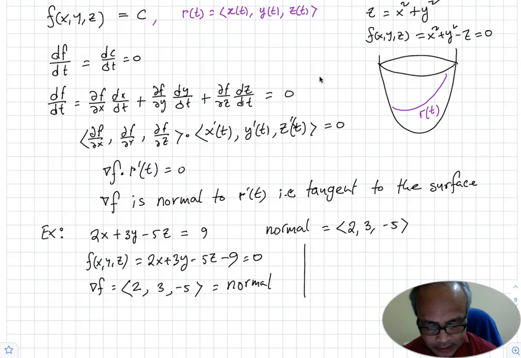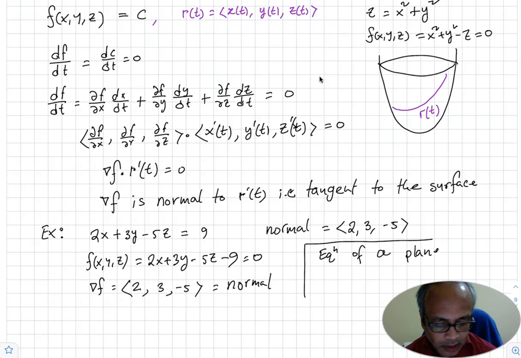Just a quick reminder: the equation of a plane is ax plus by plus cz equal to d, and from that the normal, which you can denote by n hat, is a, b, c.